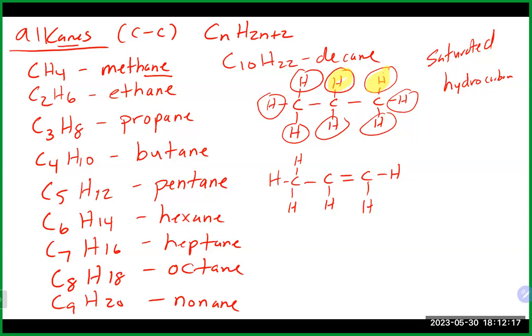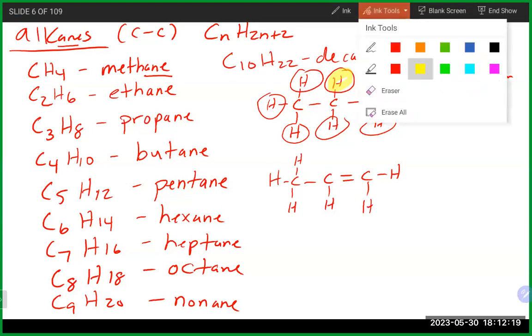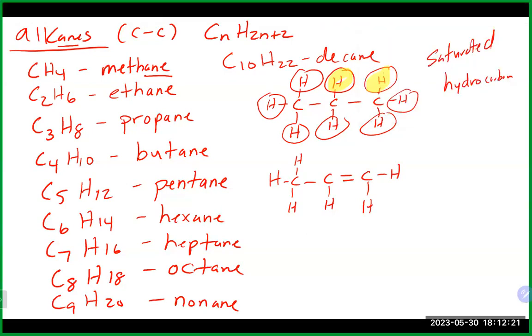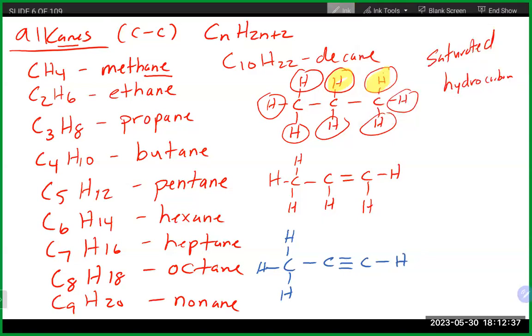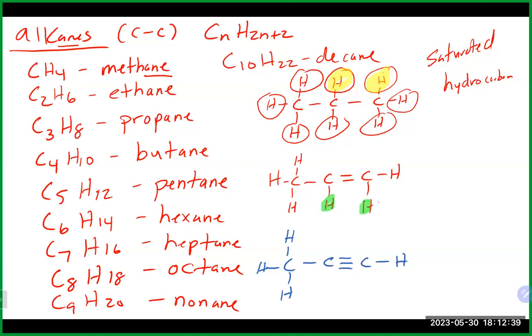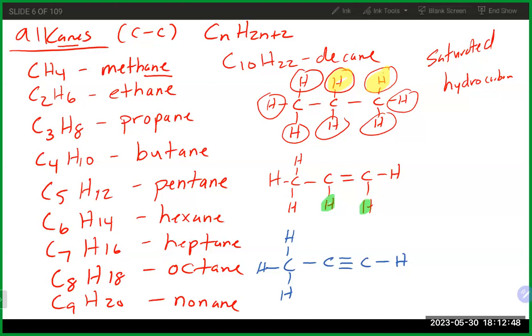If we want to make a triple bond at that carbon, it would look something like this. Now we had to sacrifice two more hydrogens, one at each of those carbons, to allow that triple bond to go in there, so that we are not over the limit, if you will, in terms of electrons.